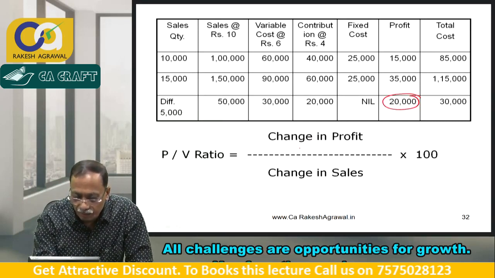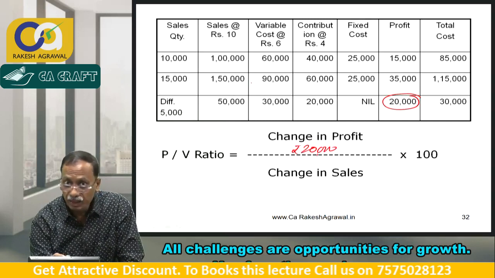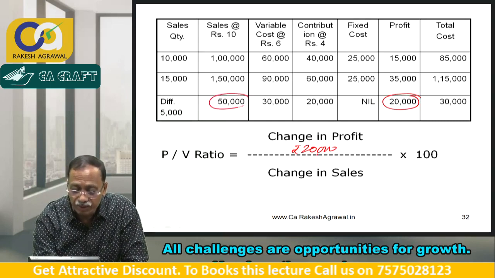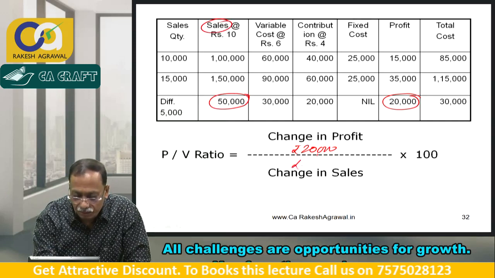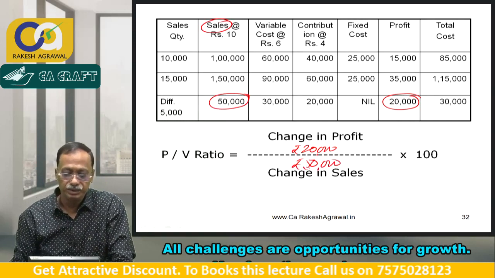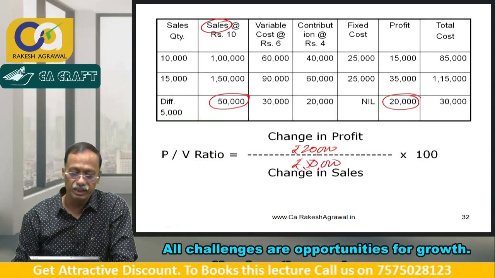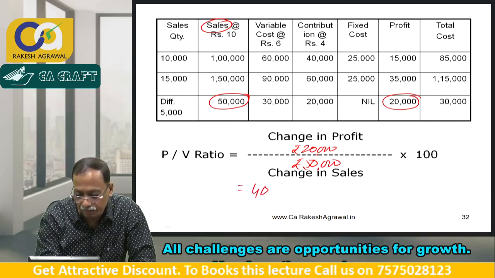Write down change in profit rupees 20,000 and change in sales. Sales means rupees sales, not output. So change in sales rupees 50,000, change in profit 20,000. 20,000 upon 50,000 into 100, you will get 40%, correct?